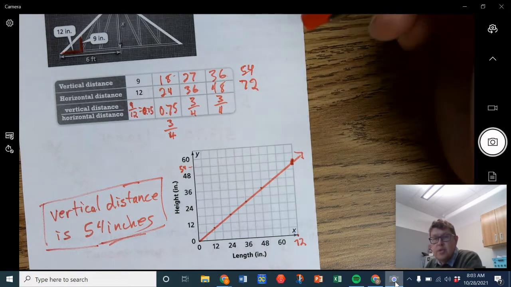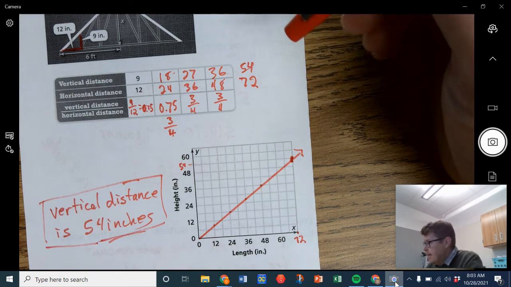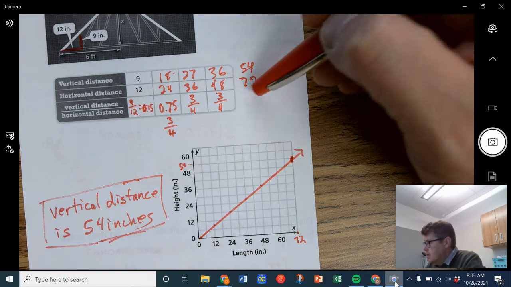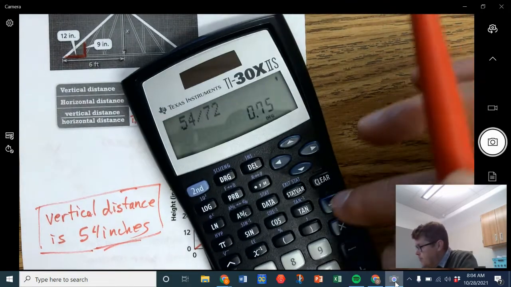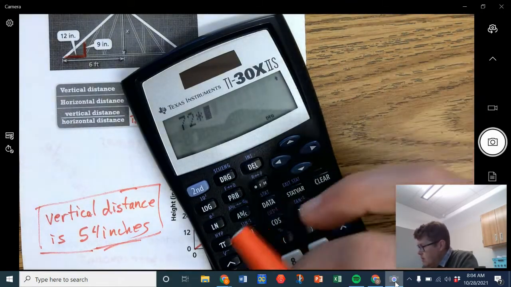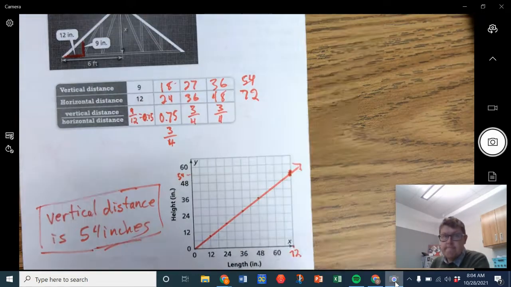You just put it into an equation, because 72 times 3/4 should give you 54. So 0.75, yep, 54, just like that.